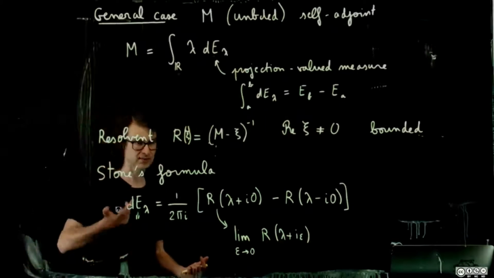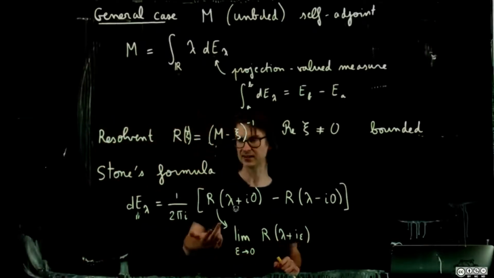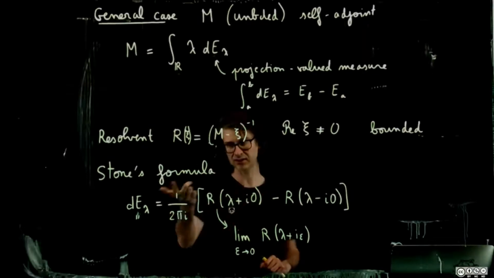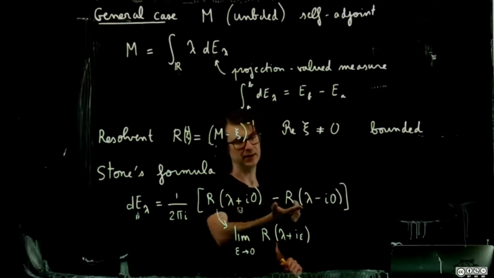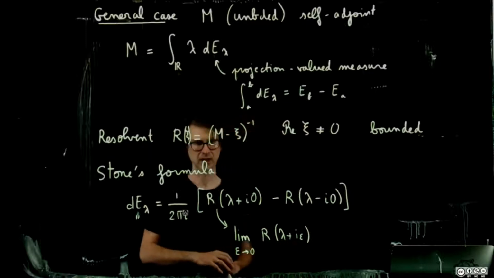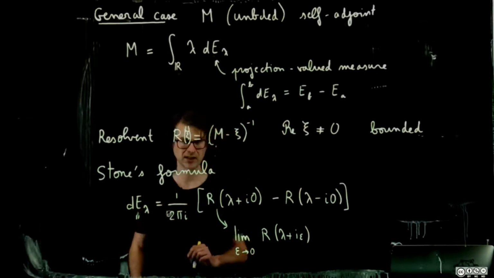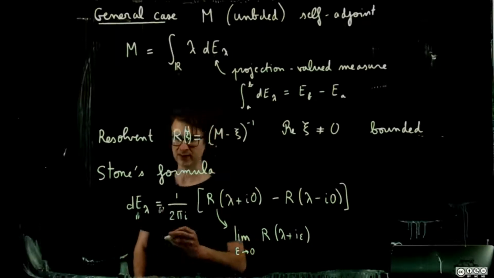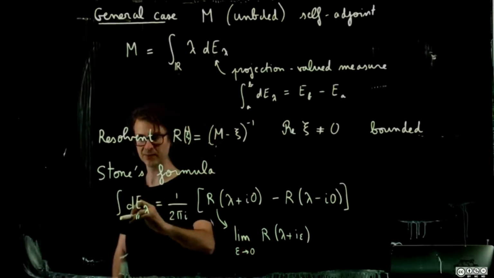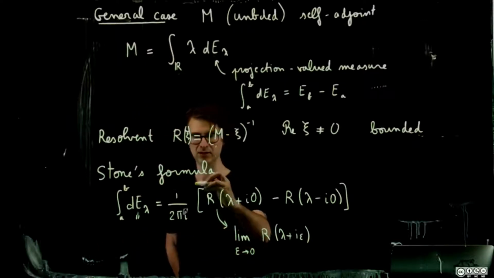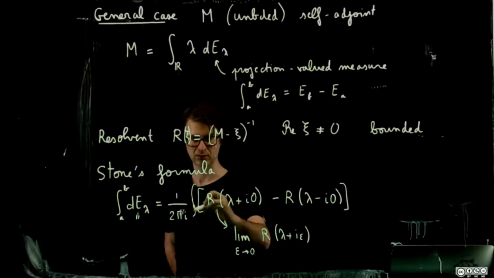So once again, part of the theorem is that this makes sense, and this does define a projection. And maybe the way to make sense of this equality is to integrate both sides. So if I integrate this between a and b, I get the integral between a and b of this.